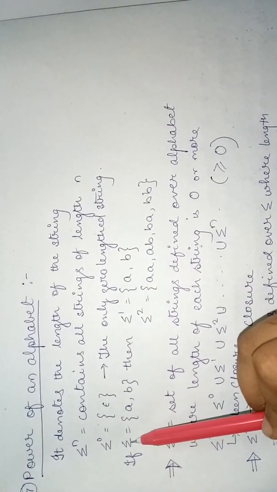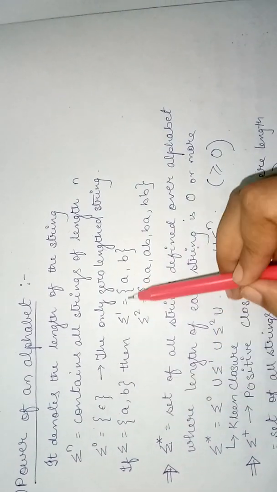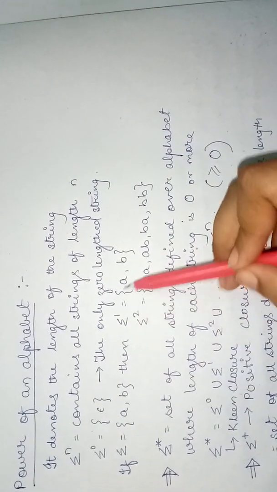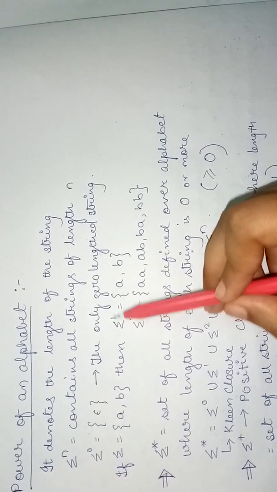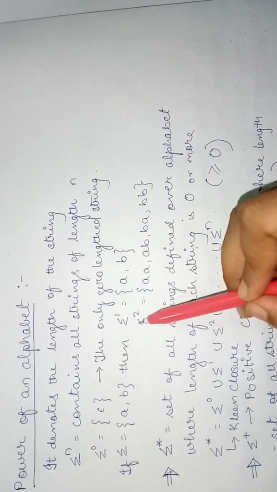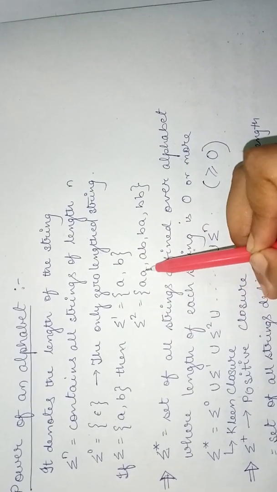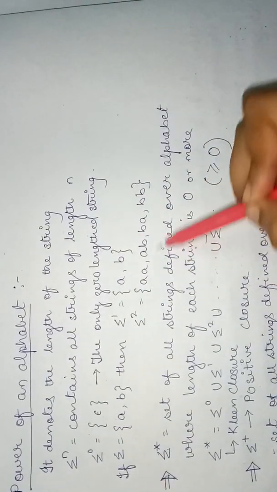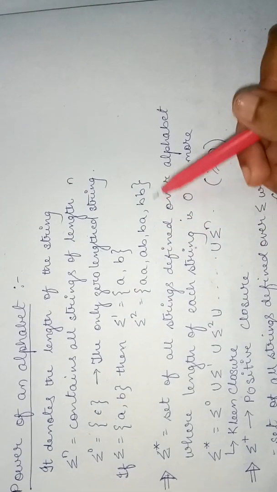If my possible valid symbols are A and B, then summation to the power 1 means only strings of length 1 should be there, that is A and B, these are the only possible single length strings. Then summation to the power 2 means AA, AB, BA, BB, these are the only possible strings of length 2, no other possibility is there.